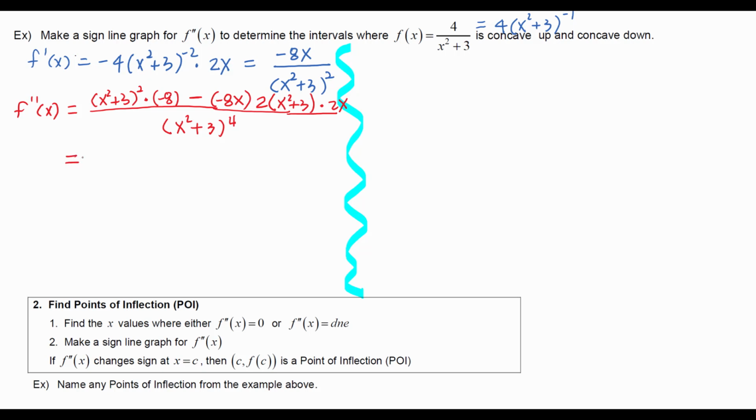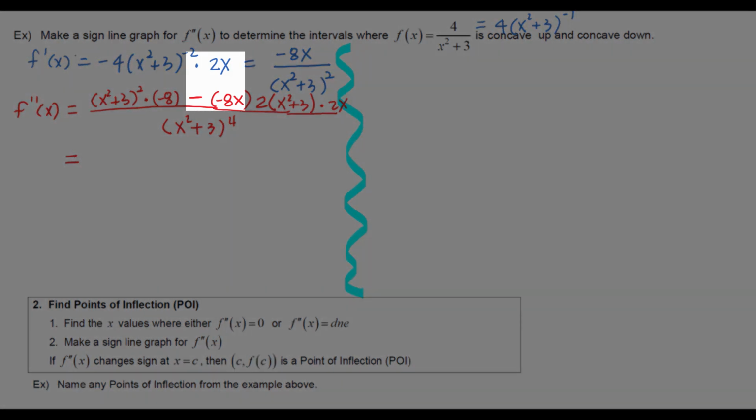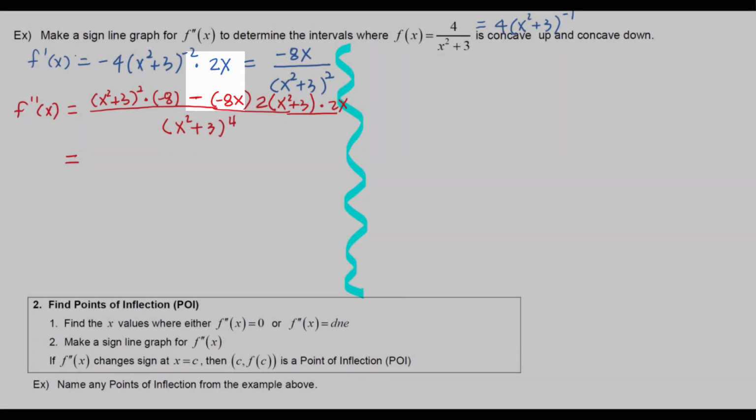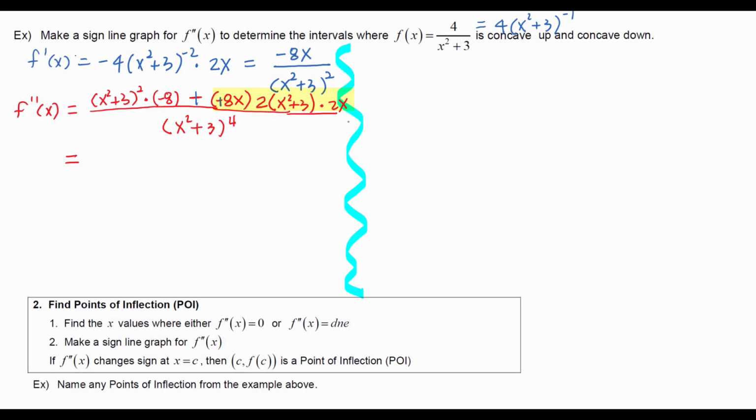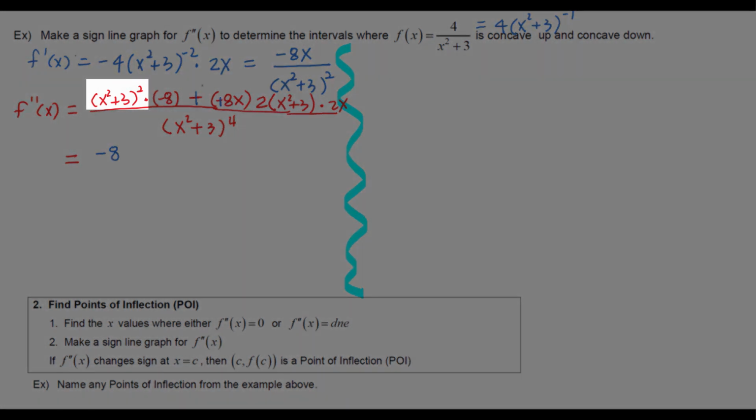I don't want to multiply all this out. Rather, I want to factor it out right now the way it is. So I know this is actually negative, so this is a positive. Since this whole product is negative, it's going to turn into a negative, which is a positive. And I can see the first factor has a negative number in it, so we can take the negative 8 out. And also, I have x squared plus 3 to the second power and x squared plus 3 to the first power.